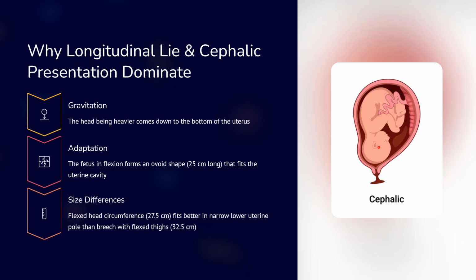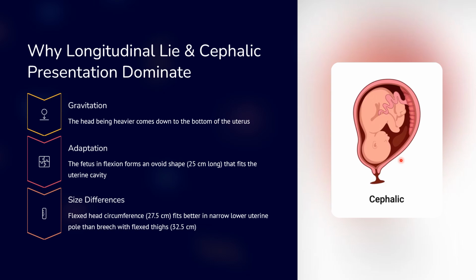Okay, number two, the reason is adaptation. Since the fetus in flexion, in an ovoid shape, fits the uterine cavity well. Number three is the size difference.